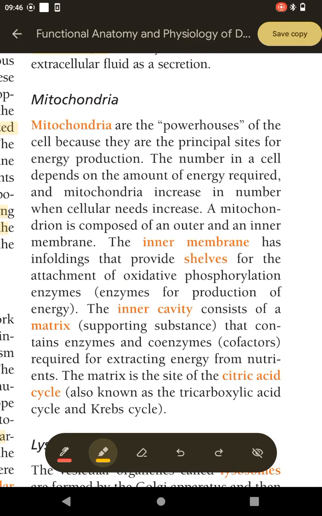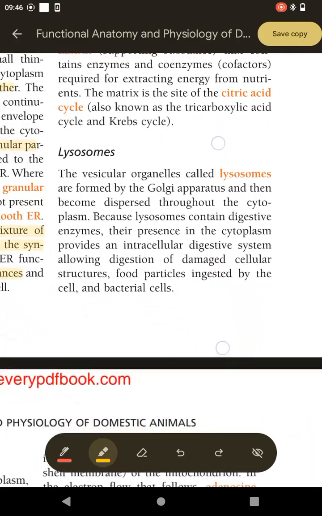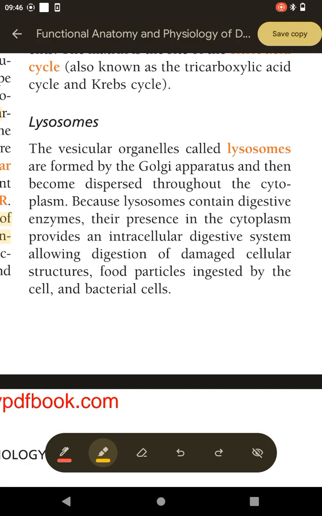Next is mitochondria, but we already studied it in the previous lecture, so we continue from lysosomes. The lysosomes, the vesicular organelles, are formed by the Golgi apparatus and then become dispersed throughout the cytoplasm.